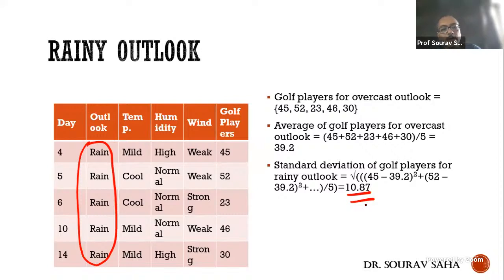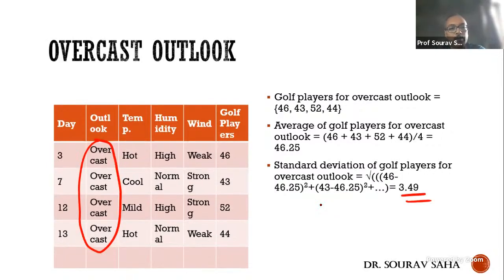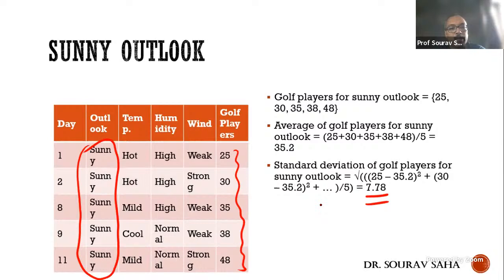Now I need to find the pooled standard deviation for the outlook variable. If you remember, there were 14 data points in total, of which 5 are for rain, 4 are overcast, and 5 are sunny.